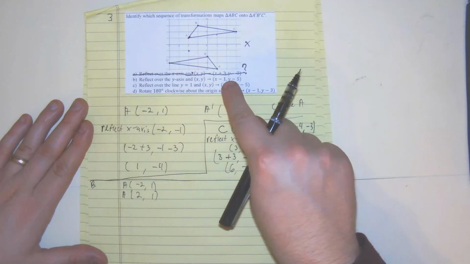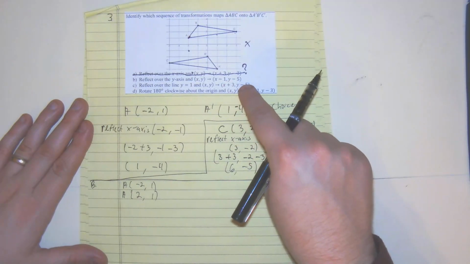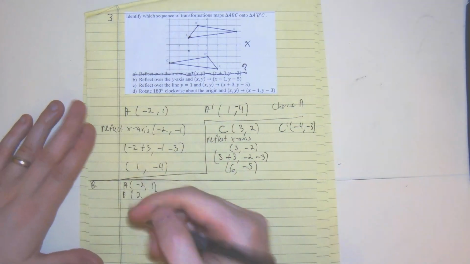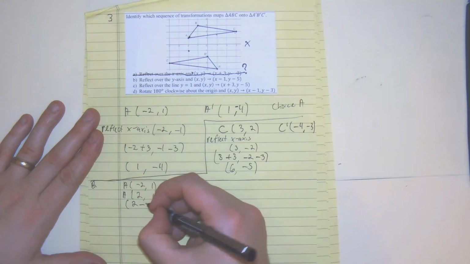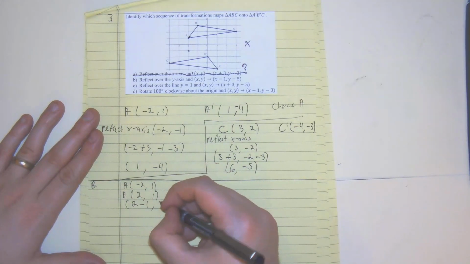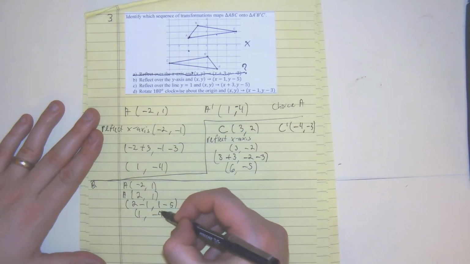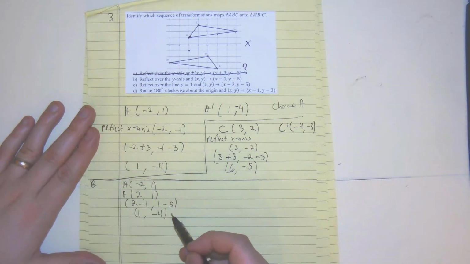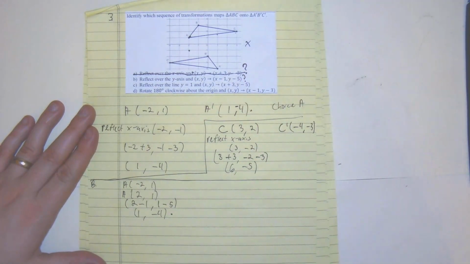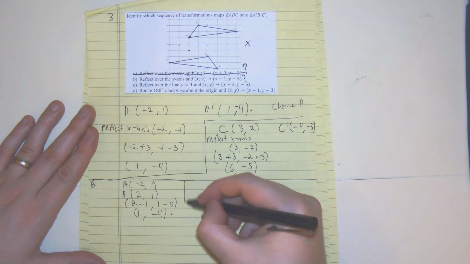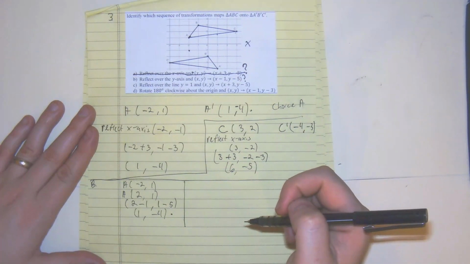Then they want us to subtract 1 from the x value, and then subtract 5 from y. So 2 minus 1, comma, 1 minus 5: (1, -4). We got the same answer, so that works, but I'm not sure if it still does. Let's try it again.